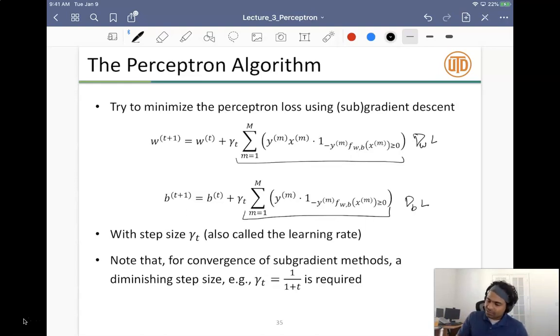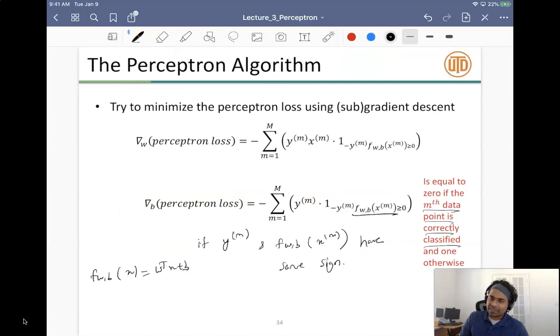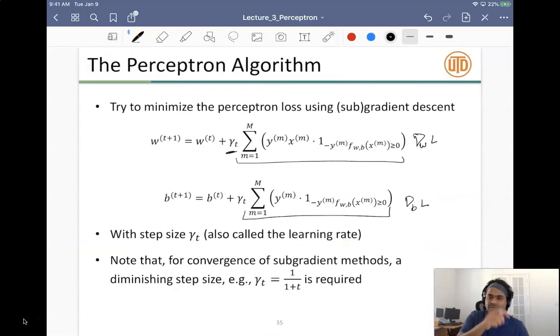If you recall, this term had a negative sign, and my gradient descent has WT minus the learning rate multiplied by the gradient. Because I have a negative sign, it gets cancelled and I get a plus sign over here. So it's WT plus this learning rate. Both of these are learning rates. This is also called the step size.